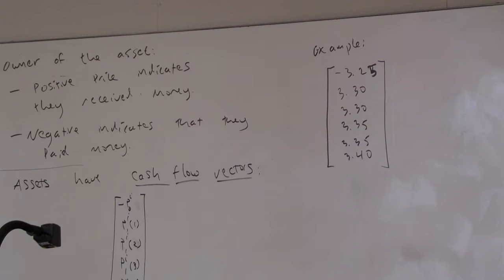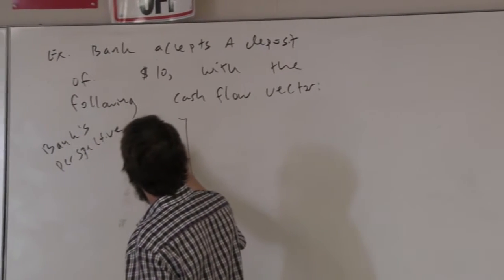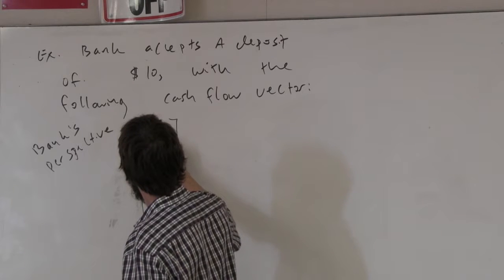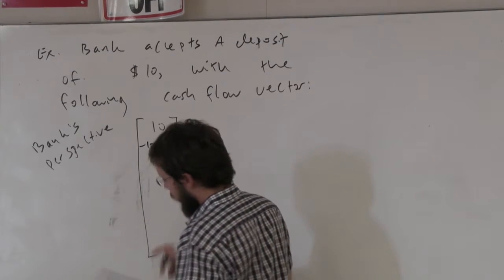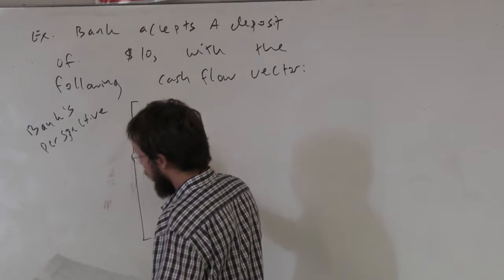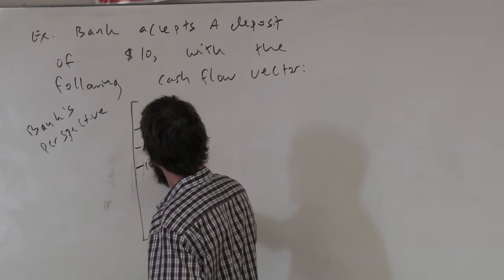You always kind of have to keep the perspective in mind. So it gains $10 on time step 0, and then at time step 1, it pays 5 cents in interest, or 9 cents in interest.